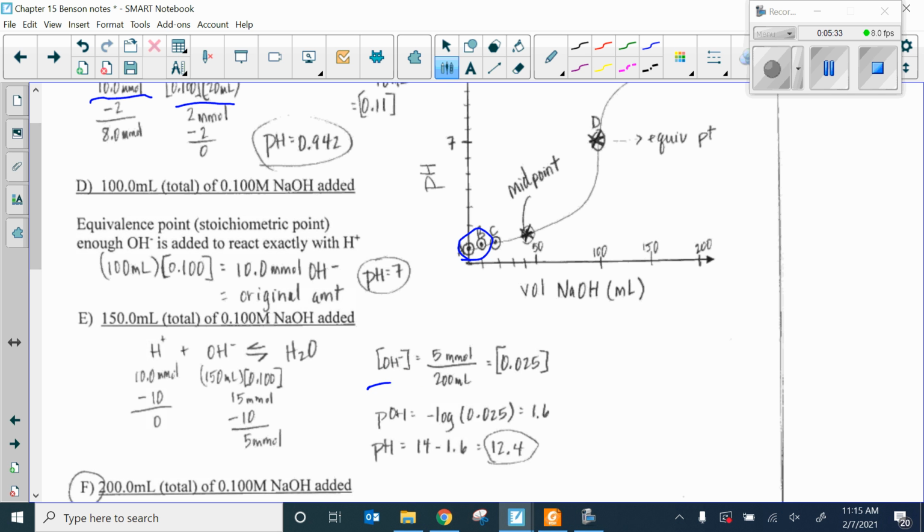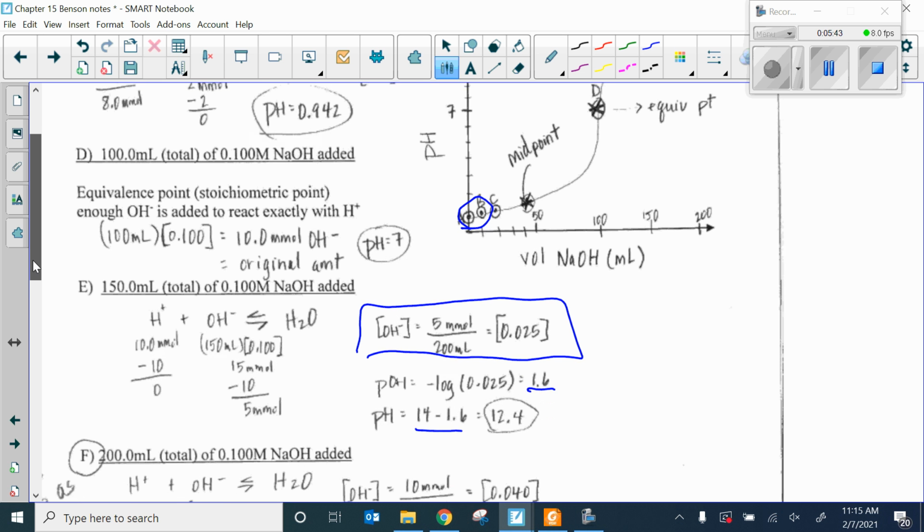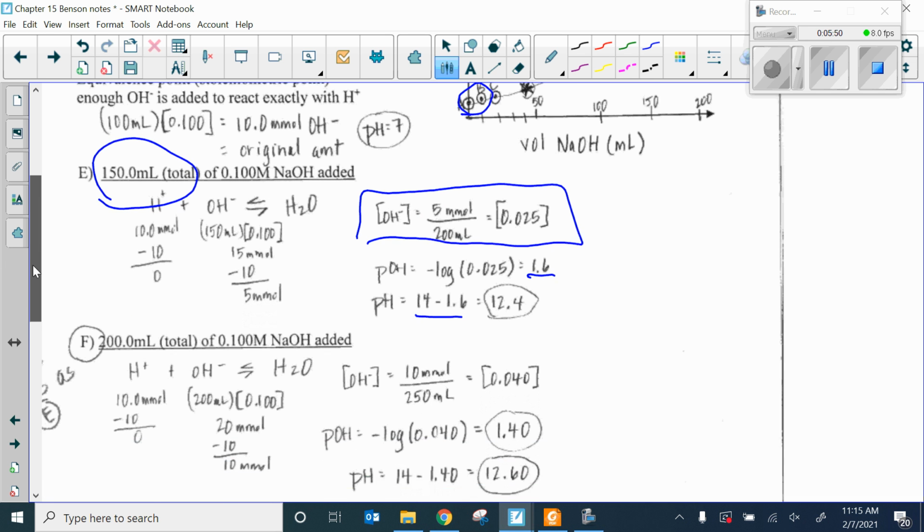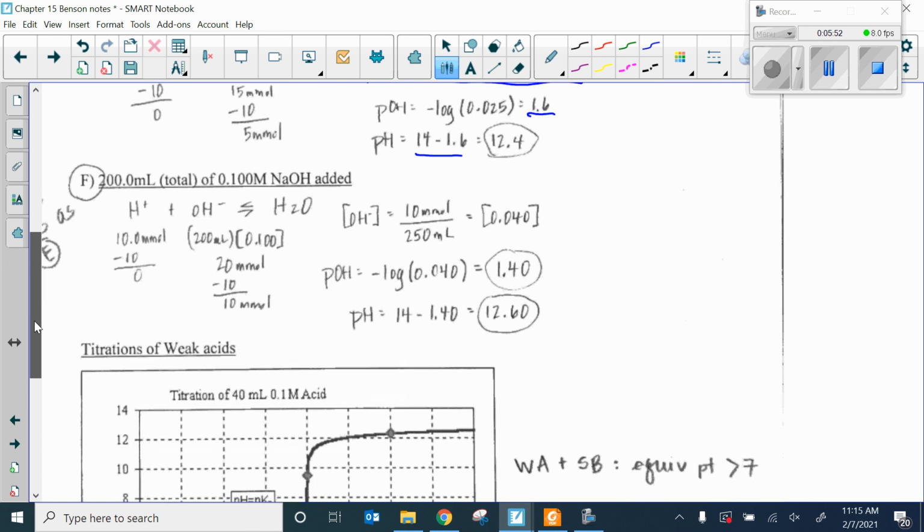Keep in mind that you are finding your hydroxide ion concentration here. So you actually found your pOH, so I have to subtract that from 14. And now I'm on the other side of my titration curve. That didn't happen until I added 150 milliliters of my base. And then F is exactly the same, and you can see that I'm on the other side.